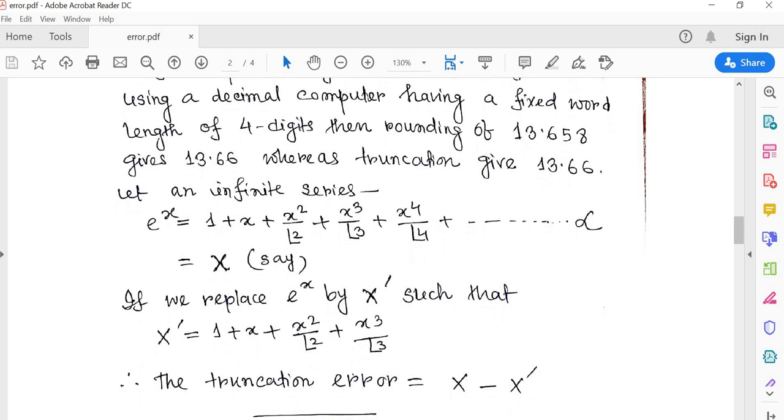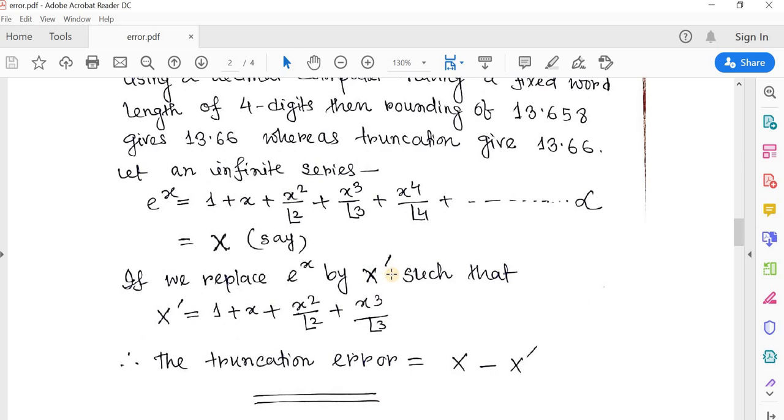If we replace e to the power x by x dash, such that x dash is equal to 1 plus x plus x square, that means we have written the series up to this term only. Then the truncation error will be x minus x dash. Okay.